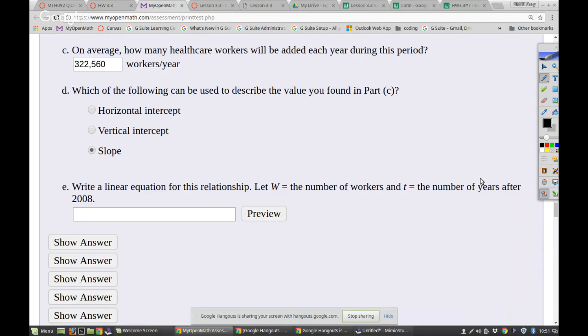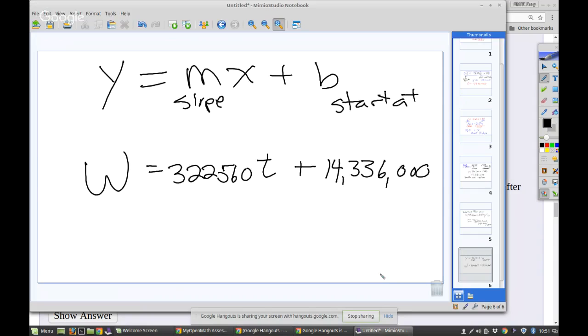And T is the years after 2008. So how many years later is 2018? 10 years later, right? So if we take 10 times this number, that's going to give us 3 million. If we add that onto 14 million, what are we going to get? 14 million plus 3 million is 17 million, right? Which matches what we calculated. So I think that's the right formula.